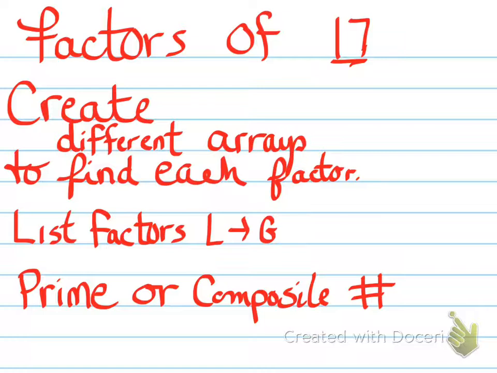You will also have to do the same thing for the factors of 17. You'll need to create different arrays to find each factor. List the factors in order from least to greatest, and then tell me whether it is a prime or a composite number. Okay, all of this needs to be done on a clean piece of paper, and I should be able to read it.